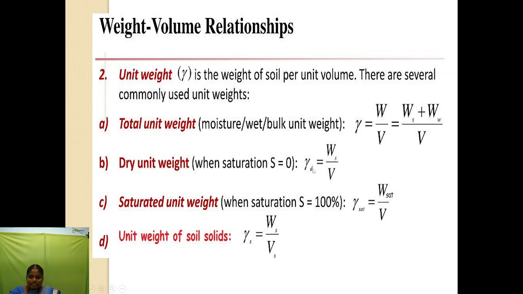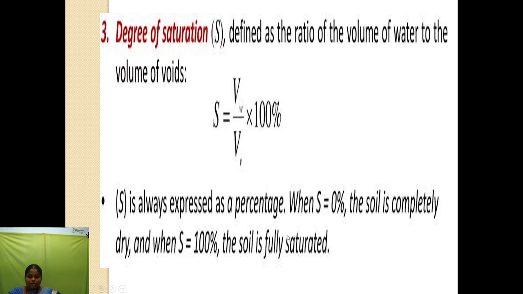Dry unit weight, γ_d, equals weight of solids divided by total volume. Saturated unit weight, γ_sat, equals weight of saturated soil, including water content, divided by the total volume. The unit weight of soil solids is also calculated as the weight of solids divided by the volume of solids.